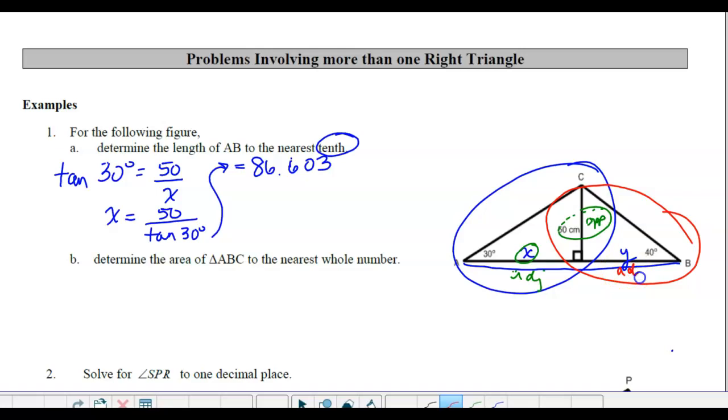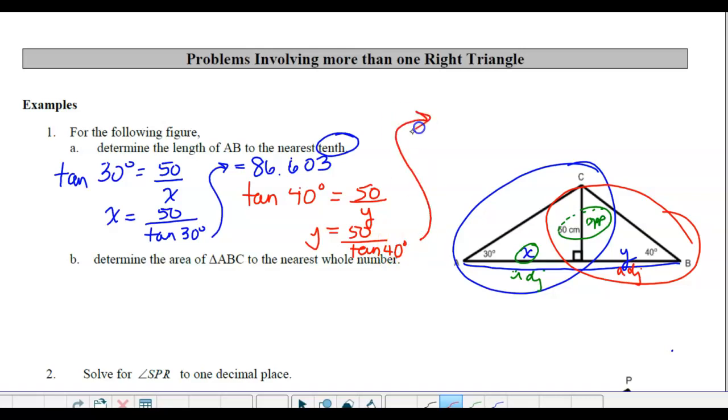That's adjacent to 40. And now we already have opposite as well. So in this case, it's tan as well. So tan of 40 is 50 over y. So y is 50 over tan of 40.